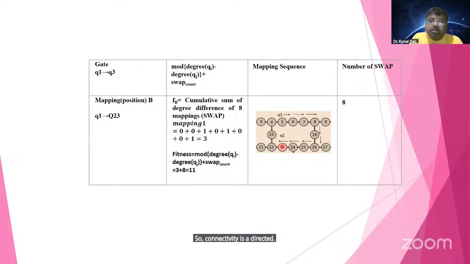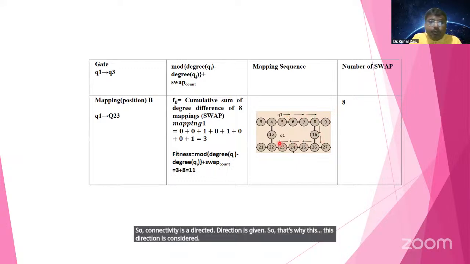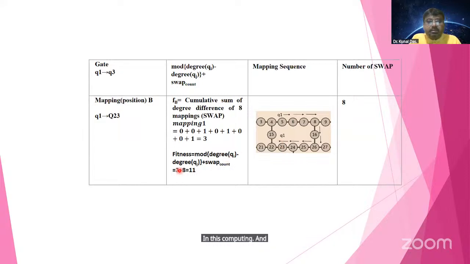That's why this direction is considered in this computing, and in the result you get the fitness value of 8 plus 3. 3 is the degree difference, and 8 is your number of swaps. So it's 11. So out of 11 and 6, the optimized value is 6.